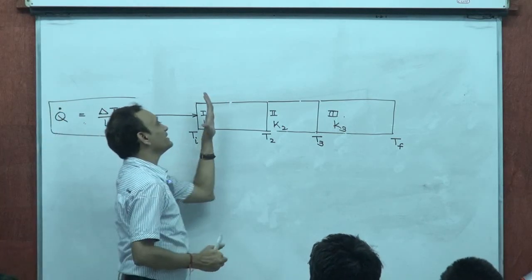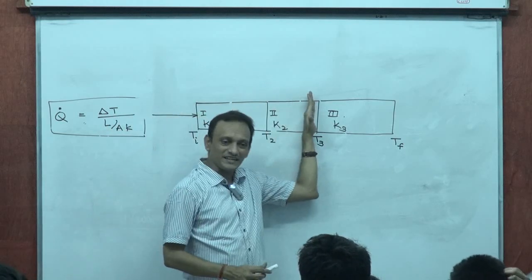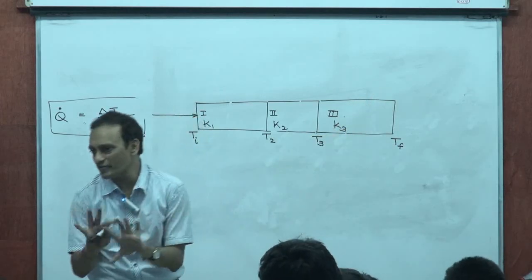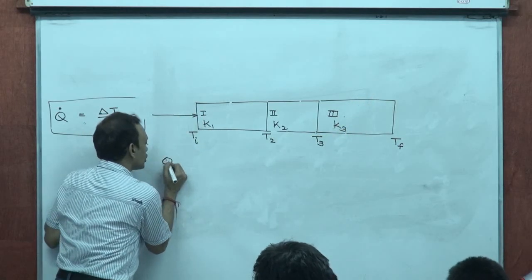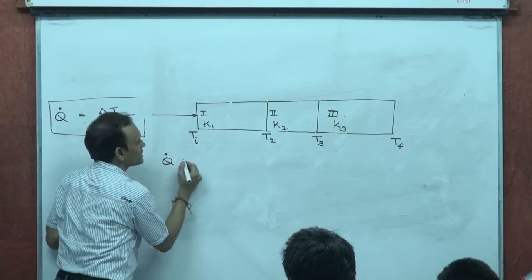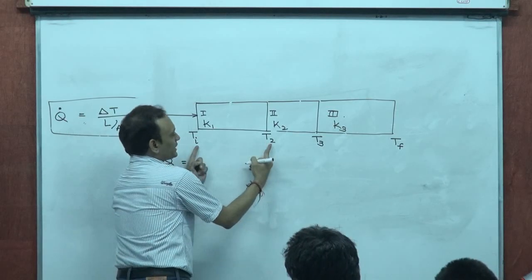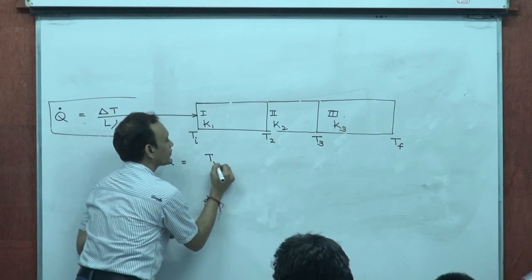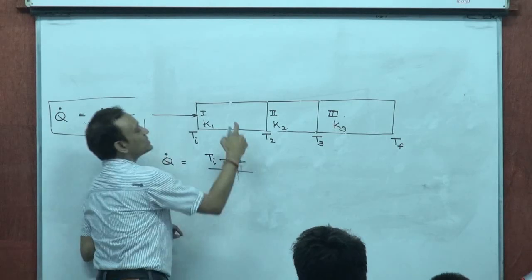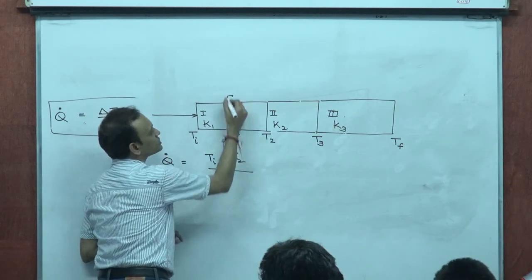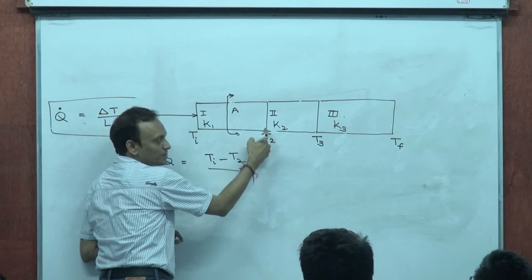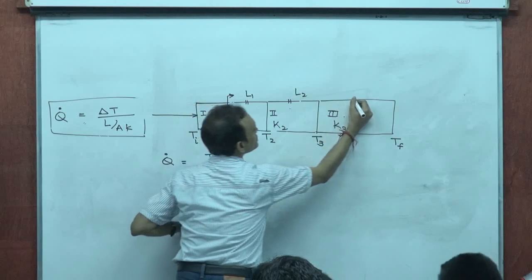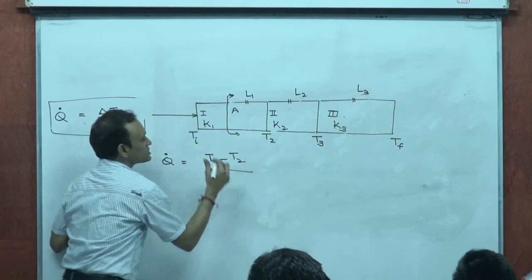Then realize that the heat current in this slab will be the same as in this slab and the same as in the next. That means Q dot is the same for all the slabs. For this, what's the potential difference? Ti minus T2. If A is the area of cross section, and the lengths are L1, L2 and L3, then what is the thermal resistance of this?